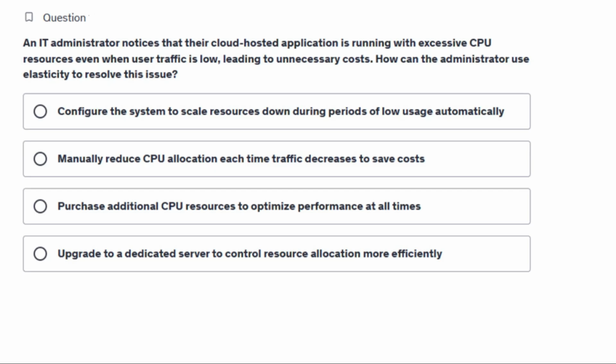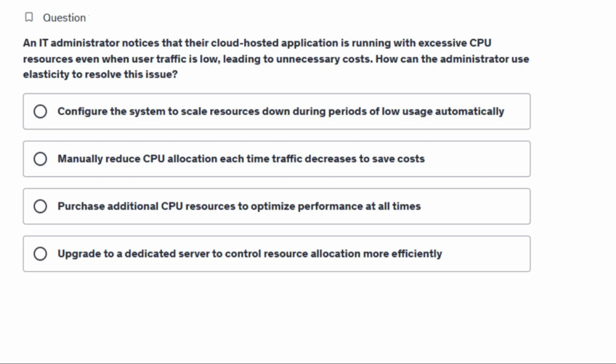And the next question is, an IT administrator notices that their cloud-hosted application is running with excessive CPU resources even when user traffic is low, leading to unnecessary cost. How can the administrator use elasticity to resolve this issue? First option is configure the system to scale resources down during periods of low usage automatically.